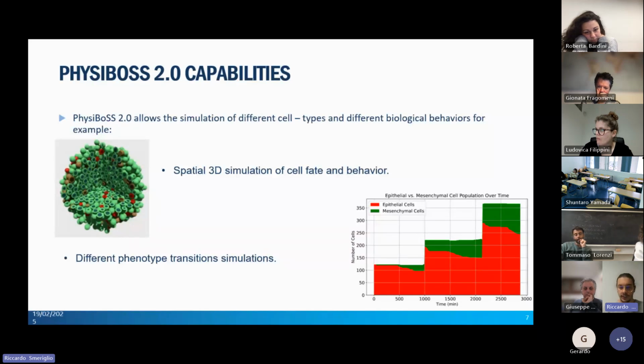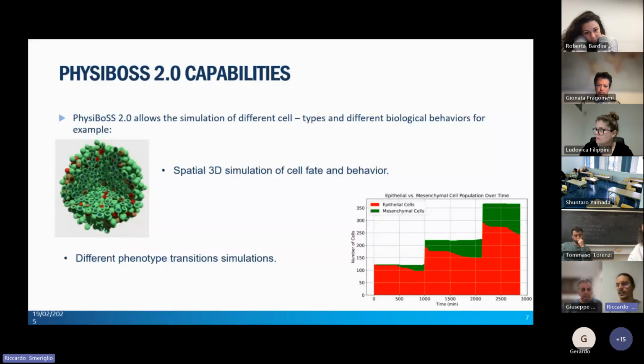For example, as you can see in the figure at the bottom right, we can include different types of cells, and we can see the transition from epithelial cells to mesenchymal cells. And this can be really interesting in the context of bone remodeling.